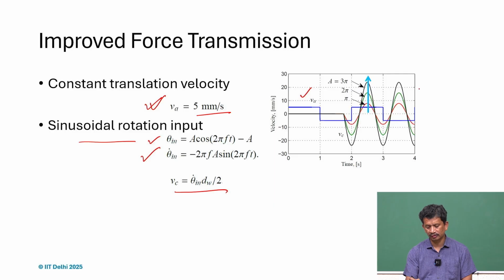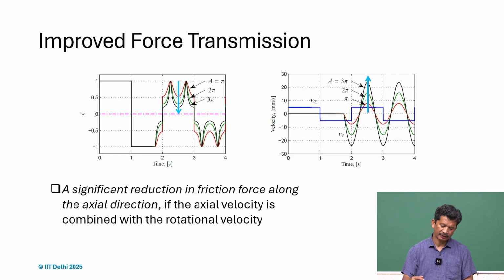These are the velocity inputs, Va, and this is the corresponding Vc, the circumferential velocity. What we realize is that as the amplitude of the rotation part increases, the effect is more pronounced, and for that reason there is a significant reduction in the zeta value, approaching zero.